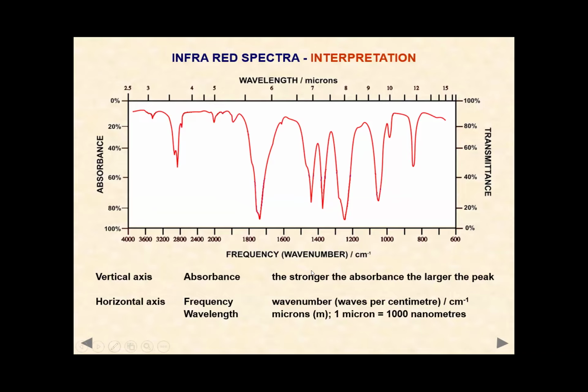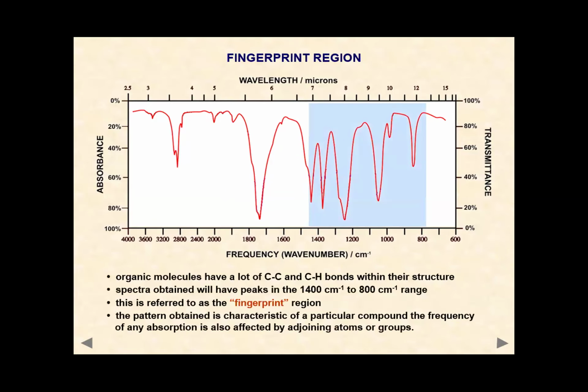The stronger the absorbance, the larger the peak. If the infrared radiation is absorbed strongly, then we are going to get a larger peak. And then frequency and wavelength are on the horizontal axis. Now, there you go. This is called the fingerprint region, the blue one. Organic molecules have a lot of CC and CH bonds within their structure.